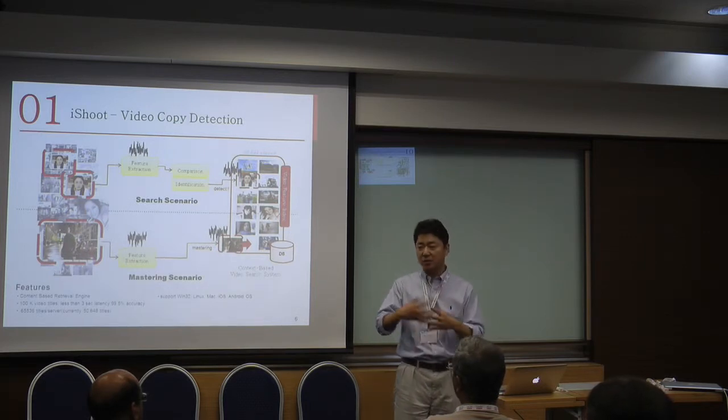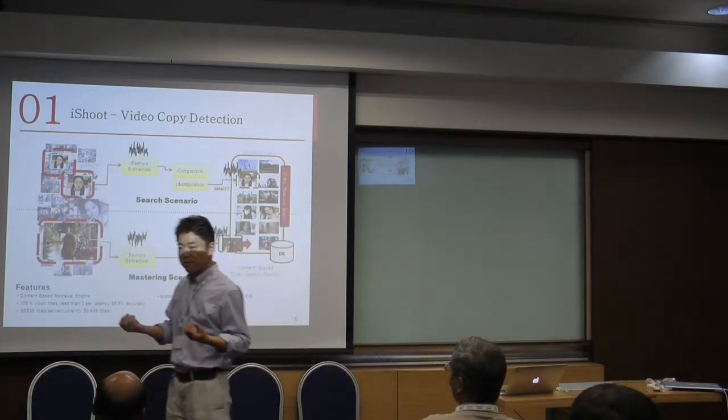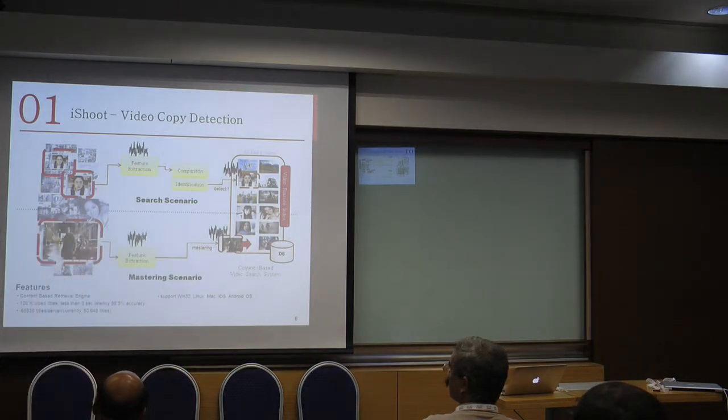If you bring together Hollywood, Korea and India, everything, and your server can maintain 100,000 video titles, that should be sufficient. It's not a whole lot. For 100,000 video titles, you maintain about 1,000 vectors, 1,000 entries, for each video so that you can find a match. We built a content-based retrieval engine, and it turns out that the accuracy is 99.5%.